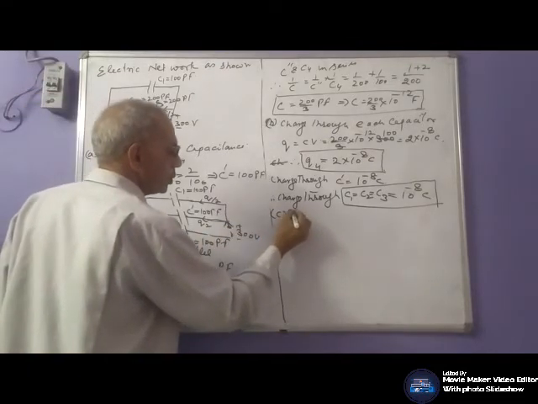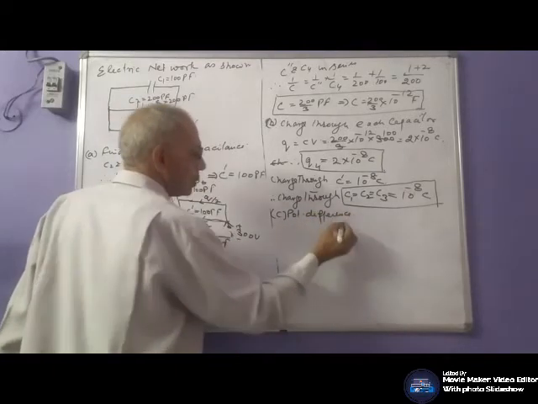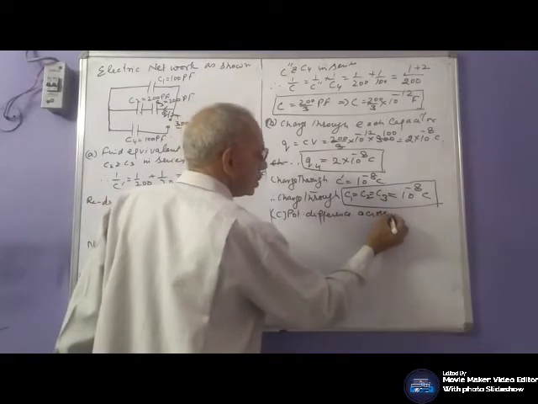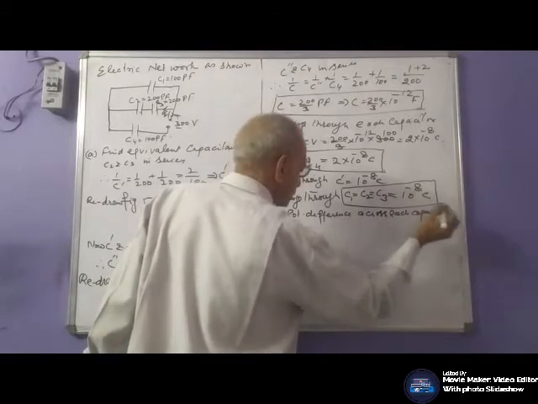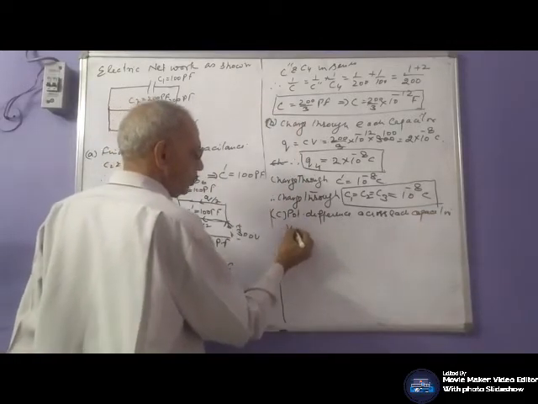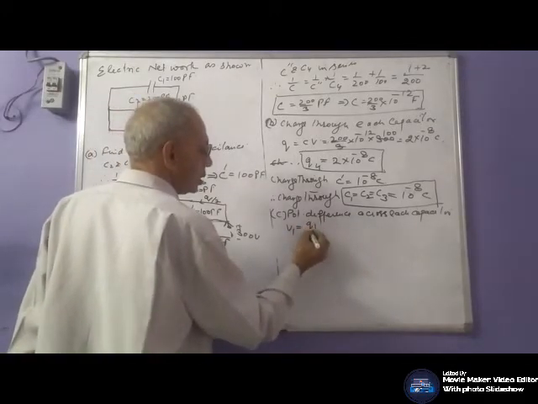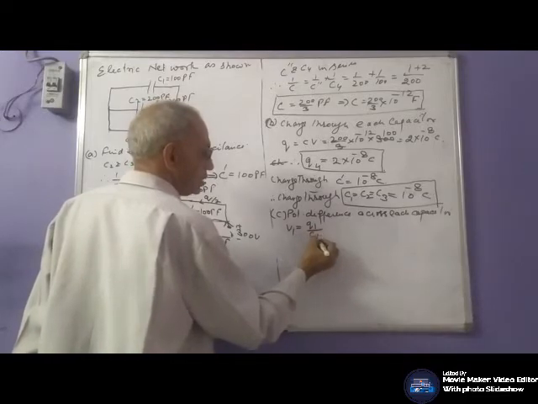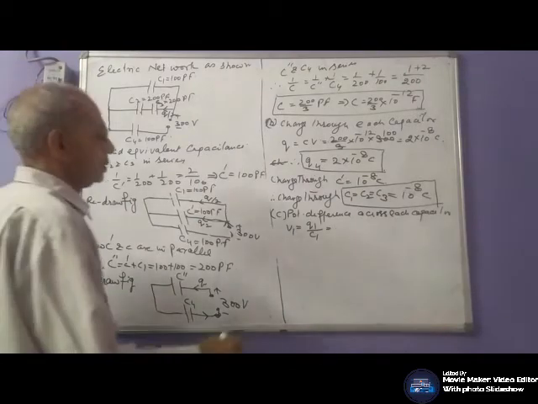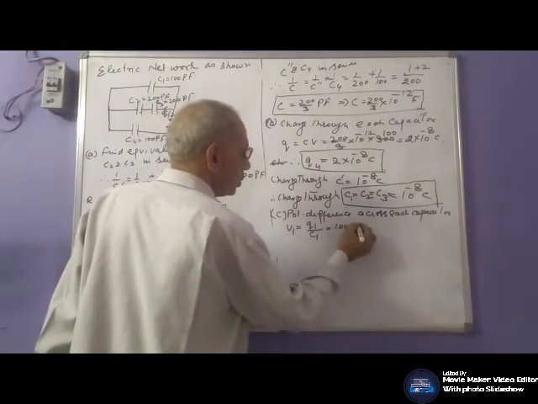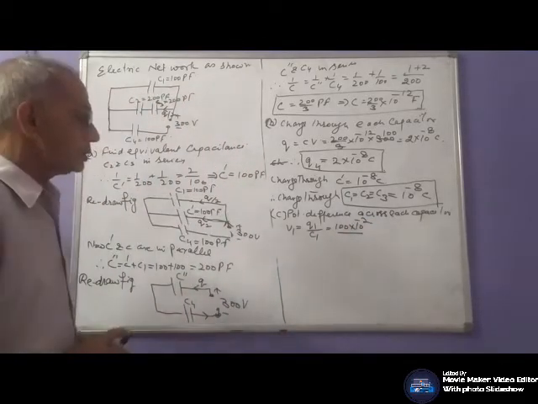C. Potential difference across each capacitor. V1 equals Q1 by C1. What is Q1?